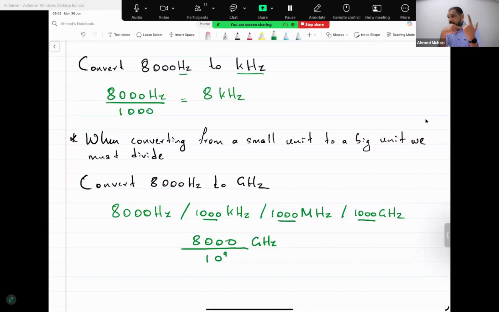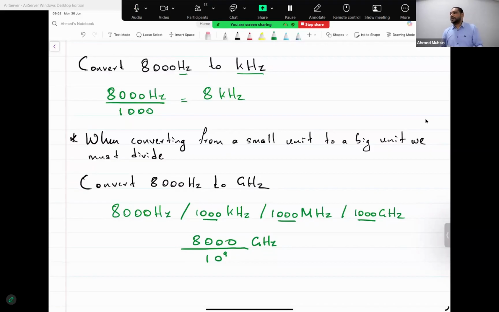Boys, shall we try the other way around now? Girls, boys, everyone. Now we learned how to convert from a small unit to a big unit. Let's try the other way around. This is the easier way, from a big unit to a small unit. So I'm going to give you a question now. Convert 3 gigahertz to hertz.